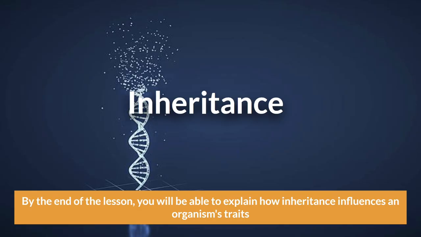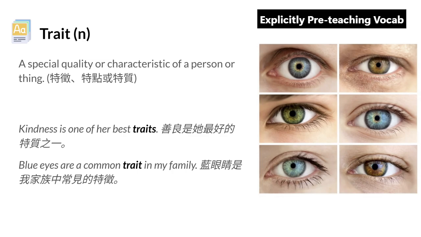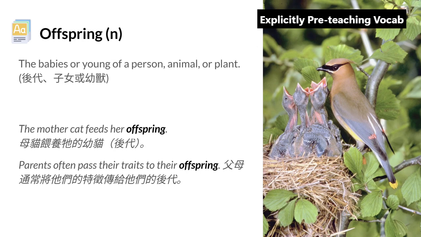By the end of this lesson, you can explain how inheritance influences the traits of organisms. Let's go over some key words. Right? And these traits can be passed down to offspring.